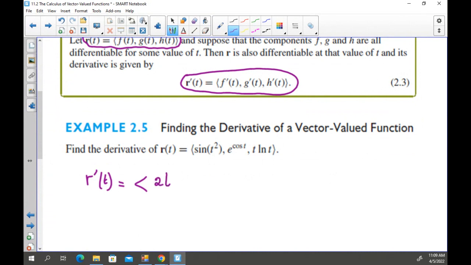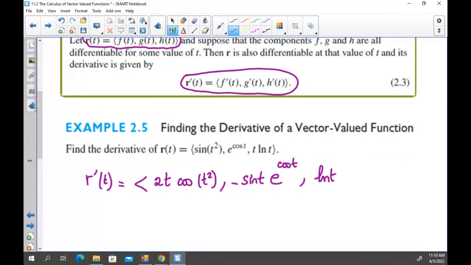So we start with 2t cosine t squared, and then the second one has a negative sign. Where does the negative sign come from? The derivative of cosine t, and then e cosine t. And finally the t ln t, you need to differentiate it using the product rule.